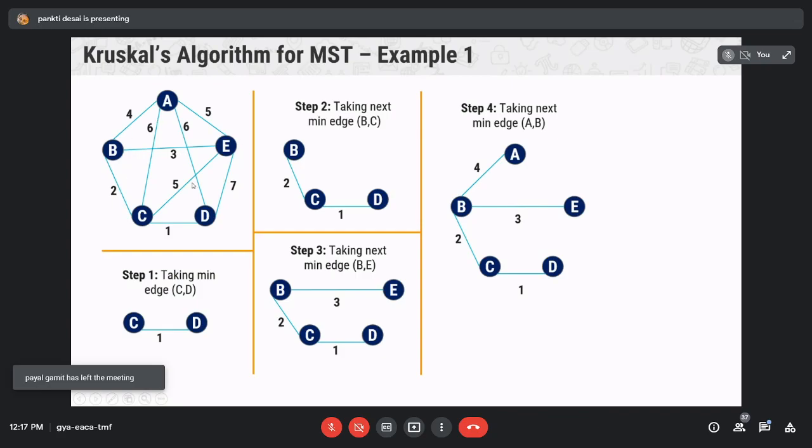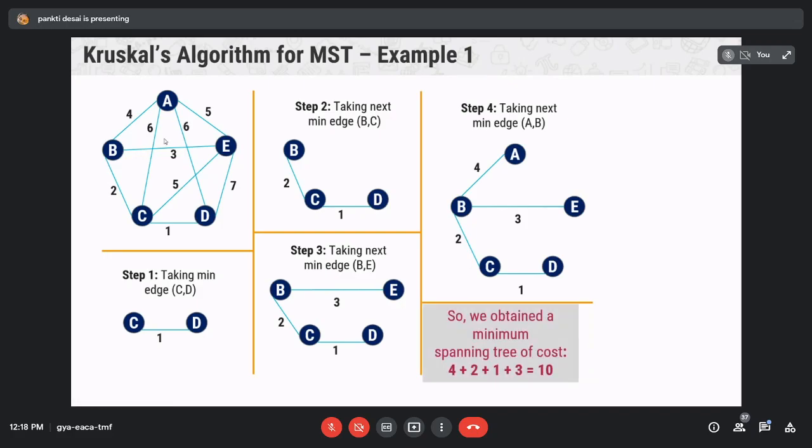Then we completed all the edges. We cover all the edges of the graph. No remaining edge in your graph, right? So this is the final spanning tree for this given graph, right? With no cycle, right?